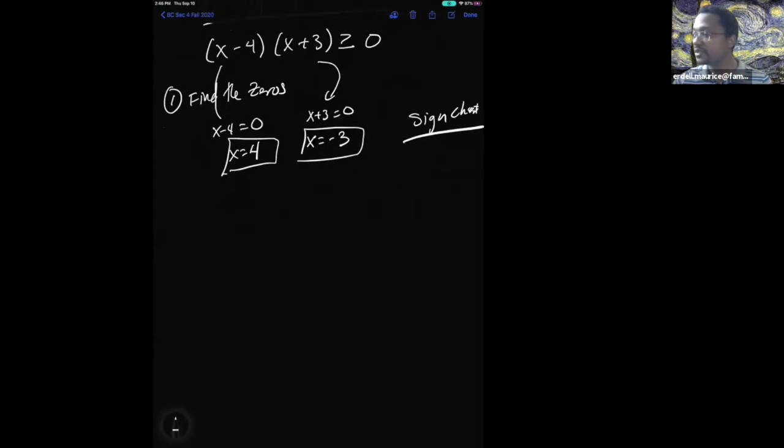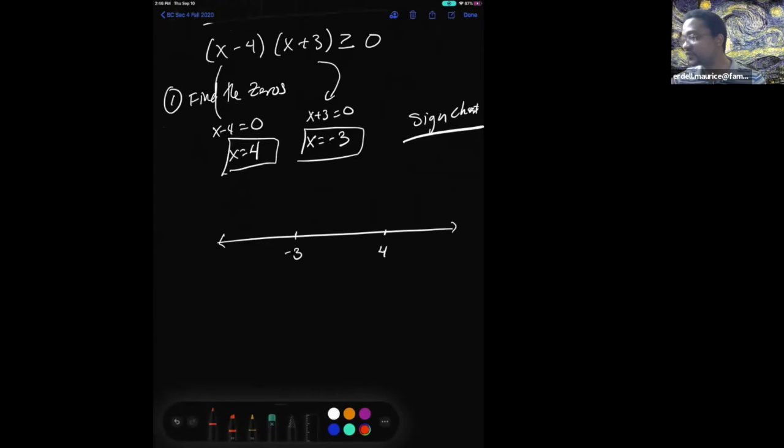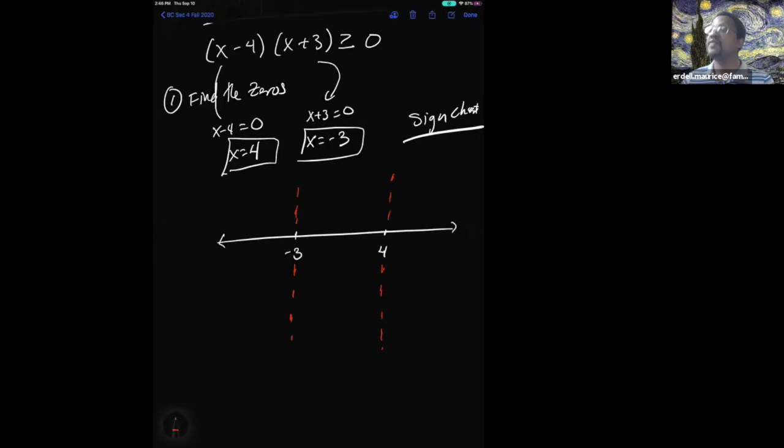I will draw my number line. Somewhere on this number line is the value of negative 3, and then somewhere is the value of 4. I will then split the graph at negative 3, and then split the graph at 4. If I cut the number line twice, it splits into 3 regions, correct?